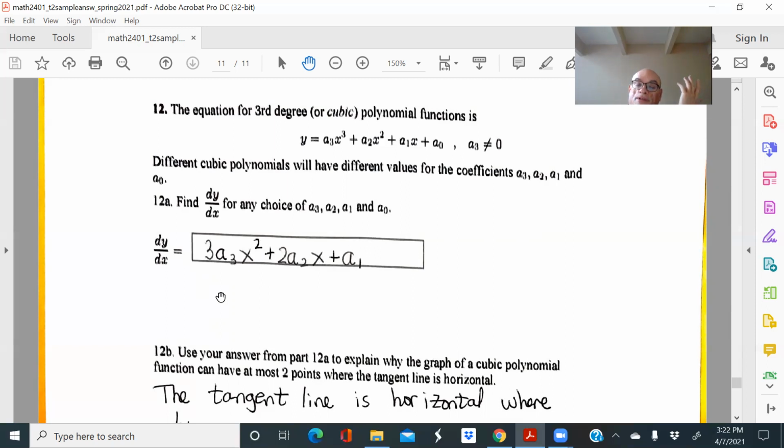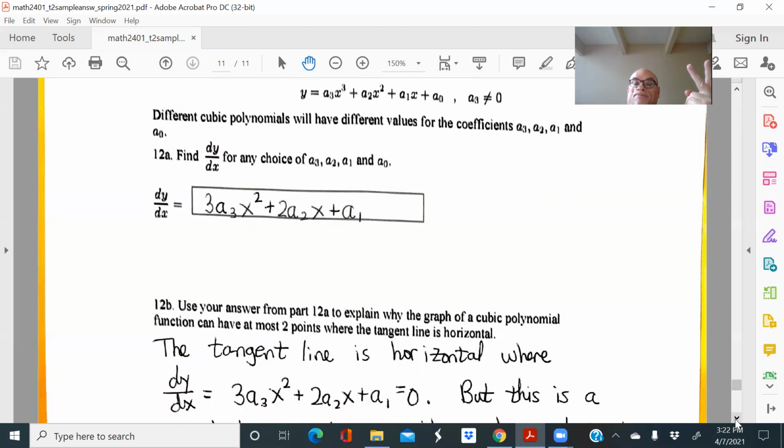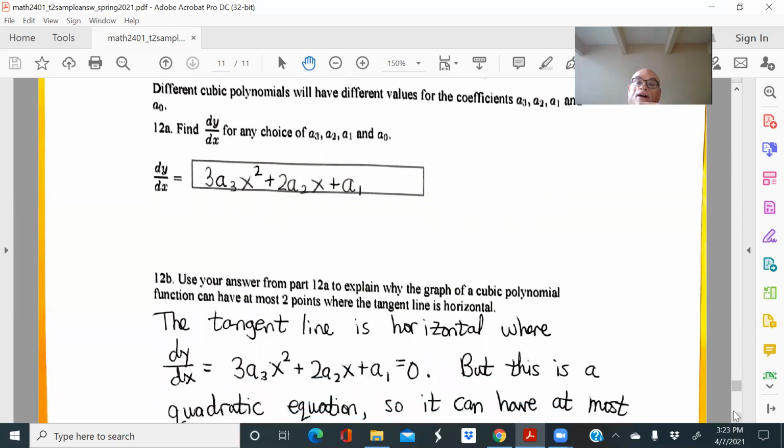And what we want you to do with that general derivative is show that any cubic polynomial has at most, maybe it has none, but it has at most 2 points where the tangent line is horizontal. Well, how do you find where functions have horizontal tangent lines?